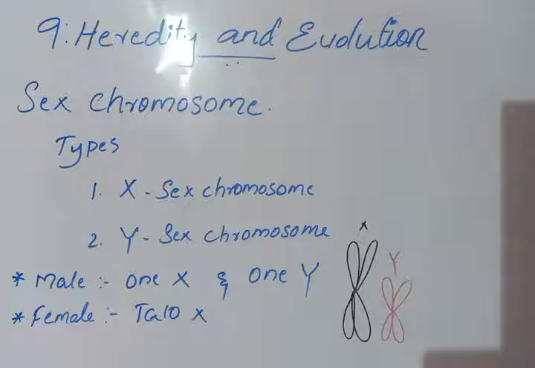So all the female gametes, that is all ova, will have only X chromosome. How many ova does a female produce? Per month only one ovum will be produced. You may be familiar with the menstrual cycle from the chapter How Do Organisms Reproduce.